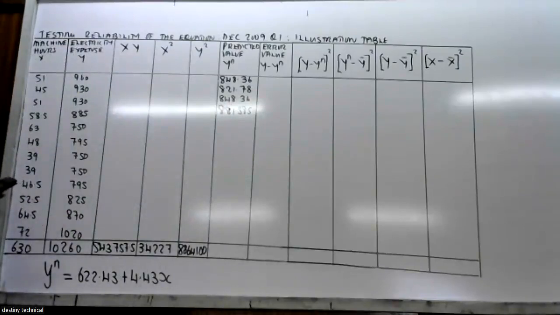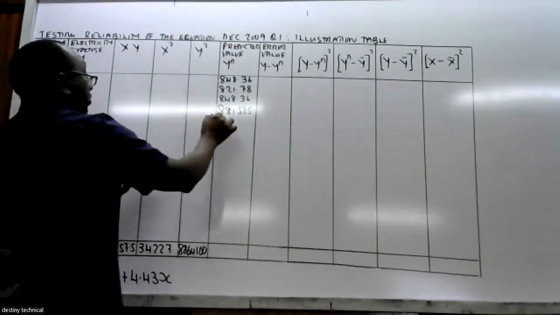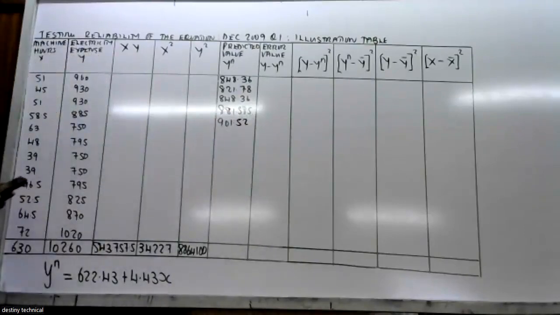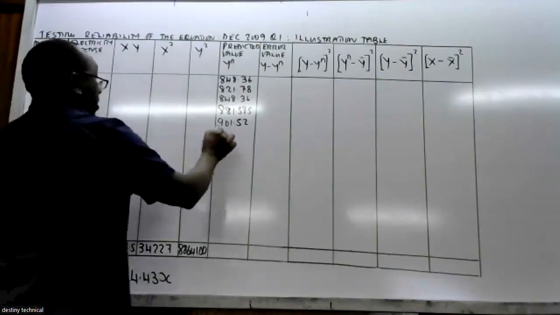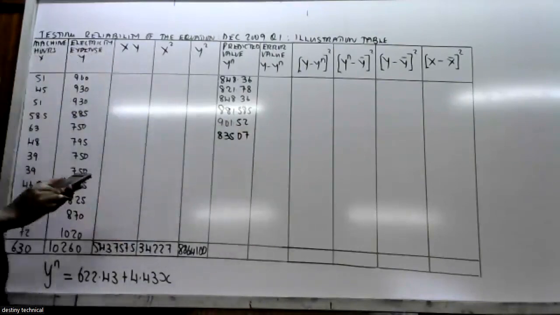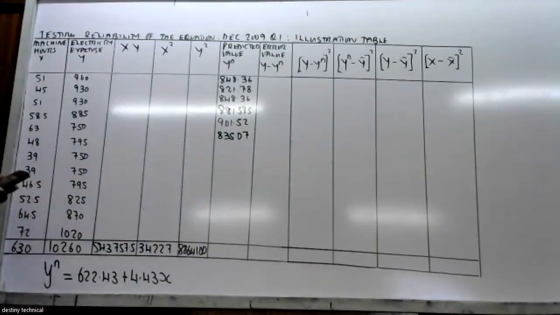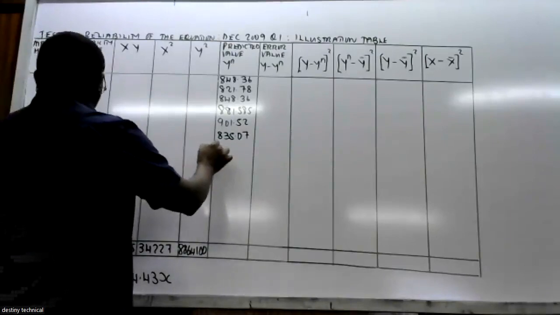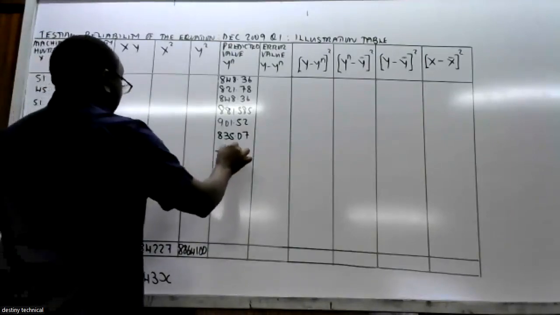622.43 plus 4.43 times 63 is 901.52. 622.43 plus 4.43 times 48 is 835.07. 622.43 plus 4.43 times 39 is 795.2.